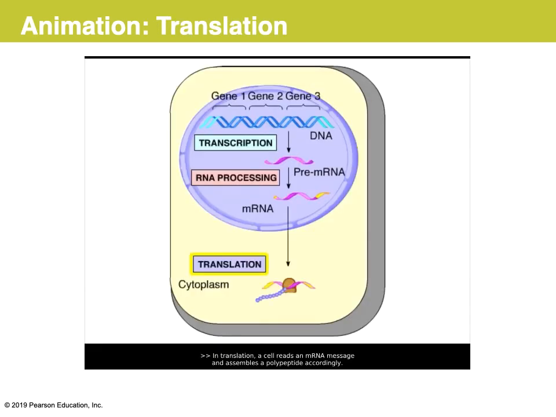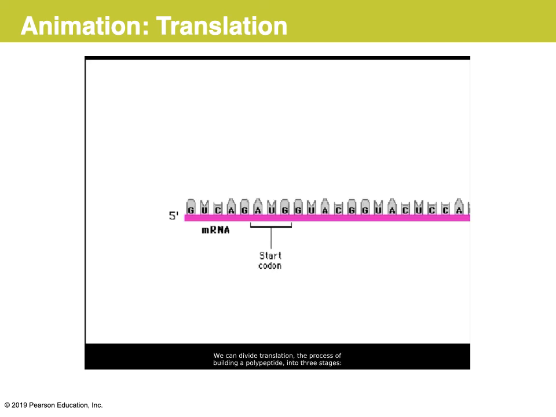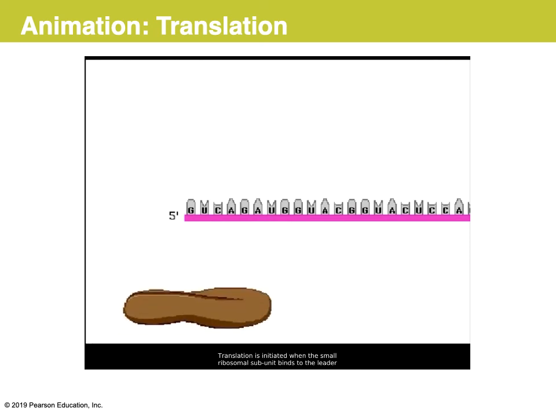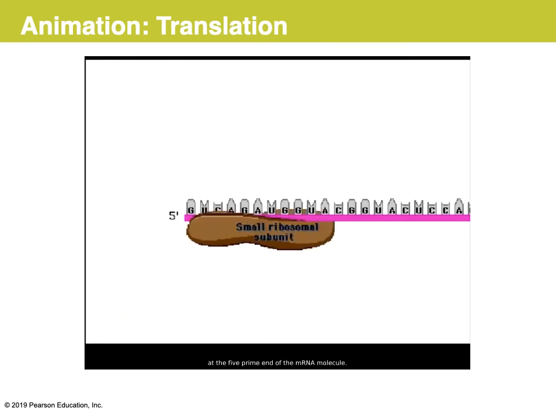In translation, a cell reads an mRNA message and assembles the polypeptide accordingly. We can divide translation, the process of building a polypeptide, into 3 stages: initiation, elongation, and termination. Translation is initiated when the small ribosomal subunit binds to the leader at the 5' end of the mRNA molecule.